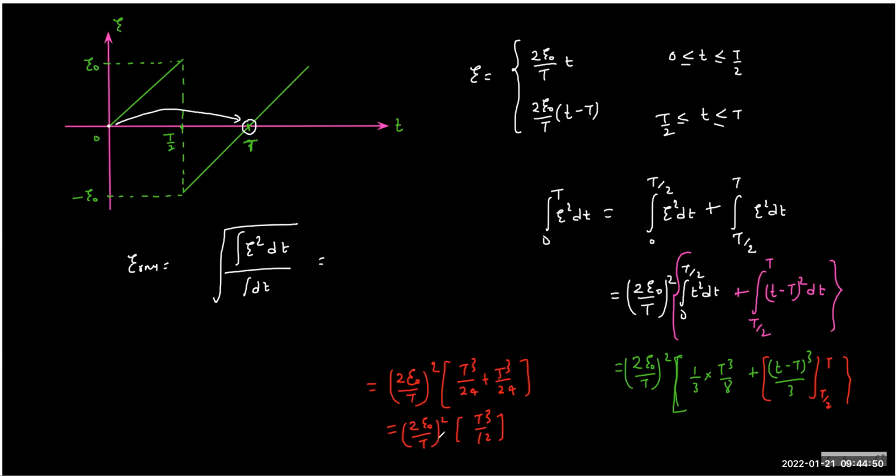And now we are done because 2 square is 4. So after all the integration, you'll get E naught square. No, this is T only. My bad. T square and T cube. No?